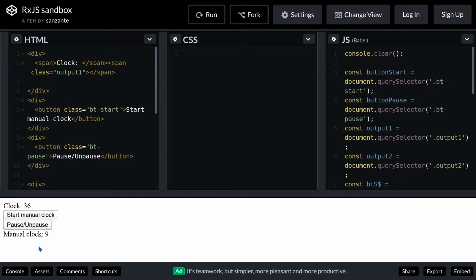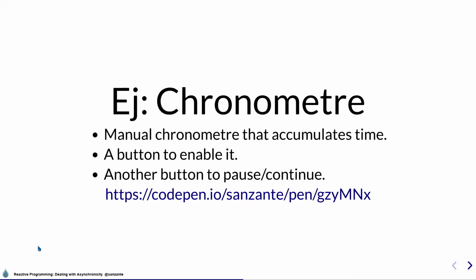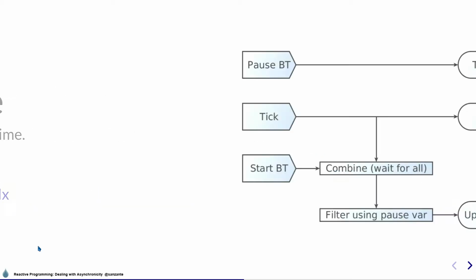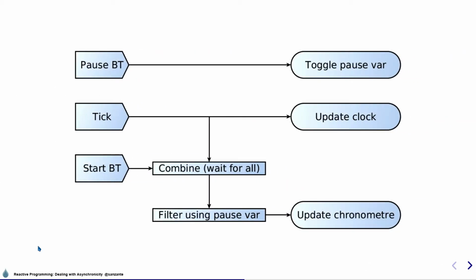Okay, this is very simple to do with promises or callbacks, but it's good to explain the observables and operators. So, what's the plumbing system we will have to implement this? Something like this.